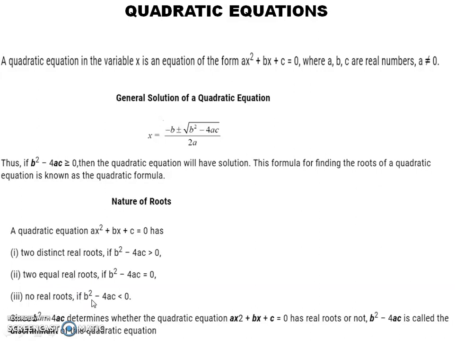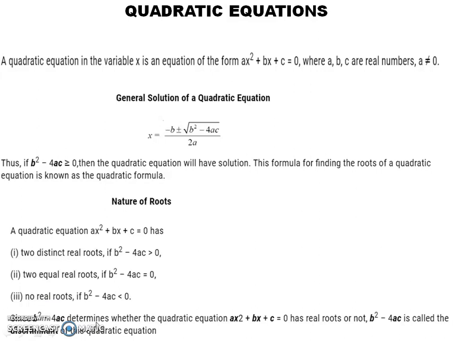If b square minus 4ac is less than 0, what is less than 0? That is, you will get a negative number. If b square minus 4ac is a negative number, you will not have real roots for the quadratic equation.